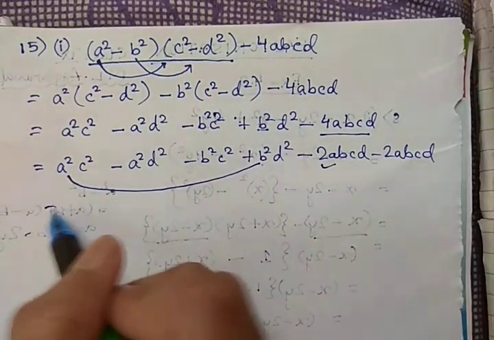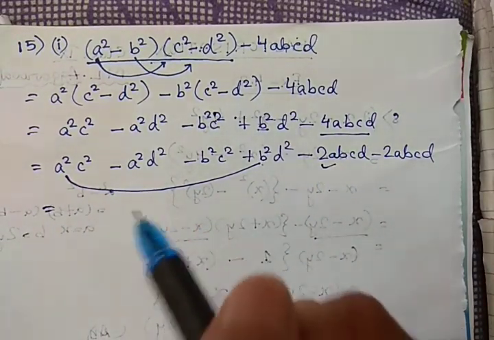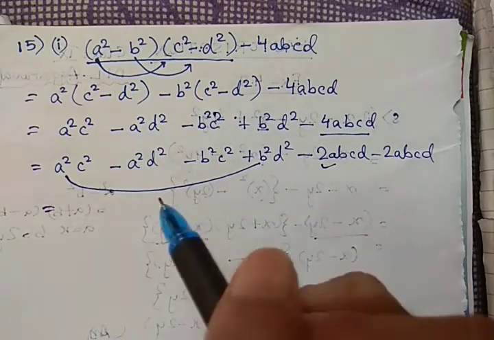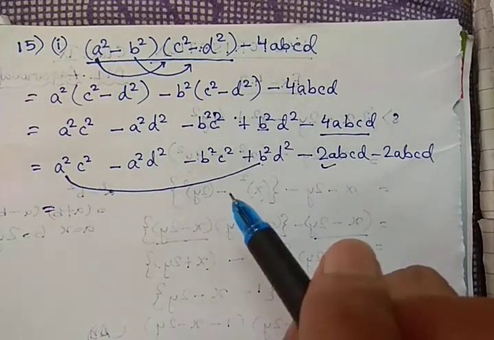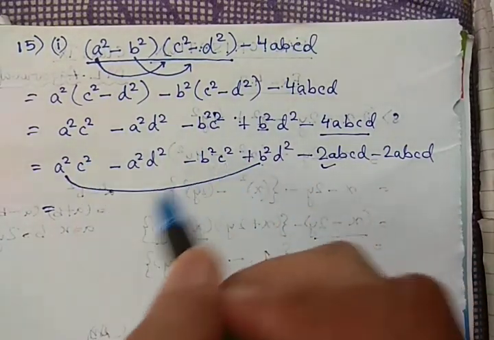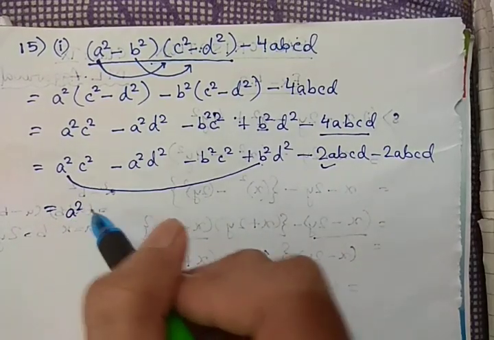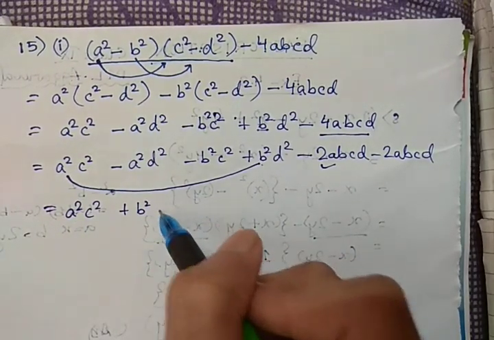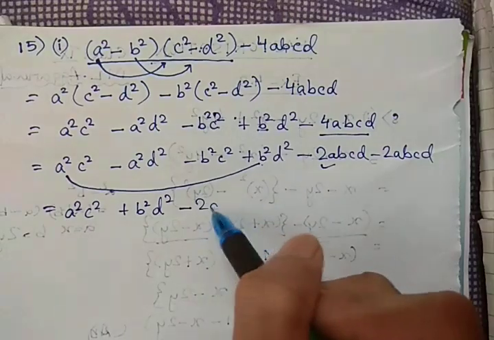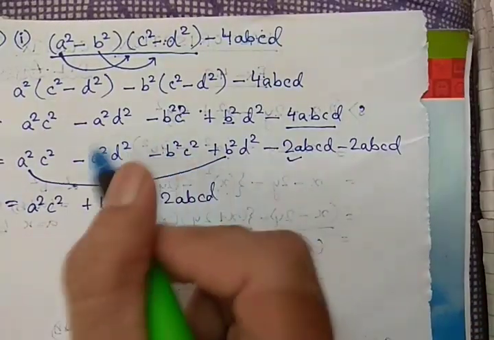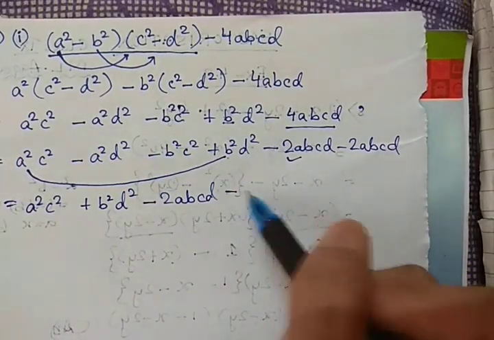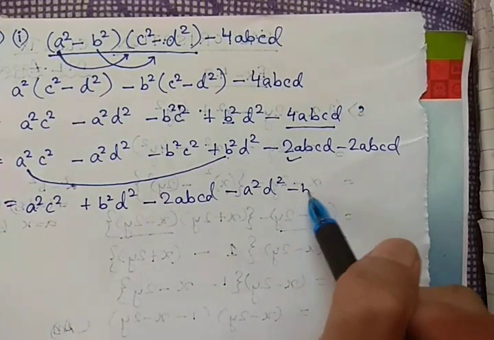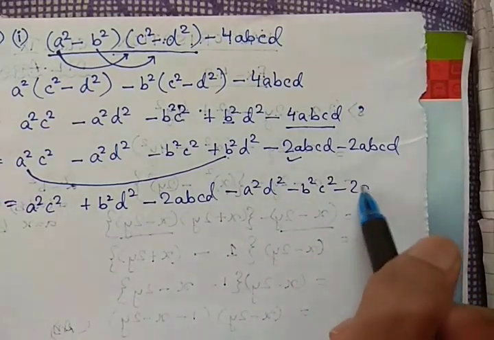Okay, because a plus b whole square is a square plus b square plus 2ab and a minus b whole square is a square plus b square minus 2ab, so the square terms are positive. So let us group this: a square c square plus b square d square minus 2abcd, and these two are grouped separately: minus a square d square minus b square c square minus 2abcd.